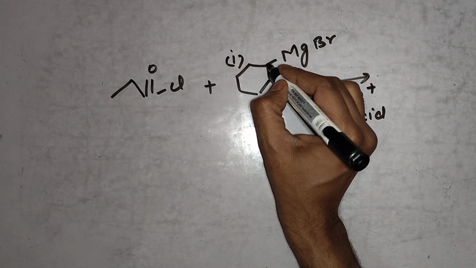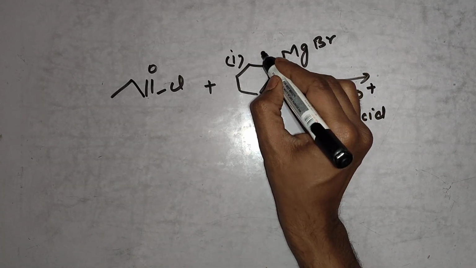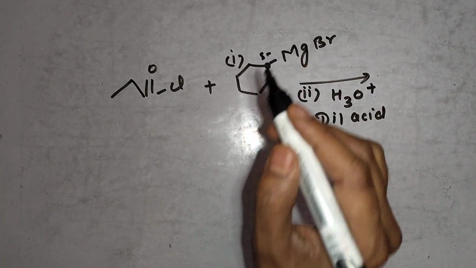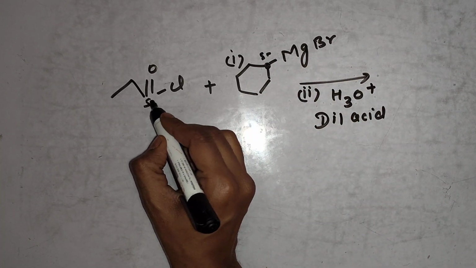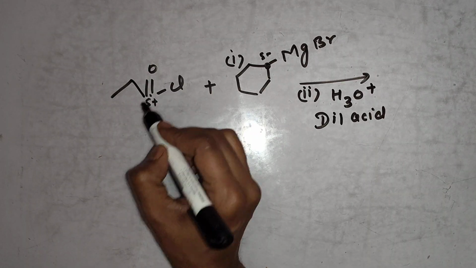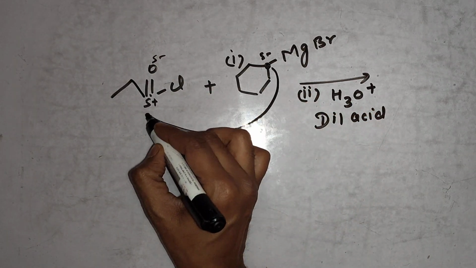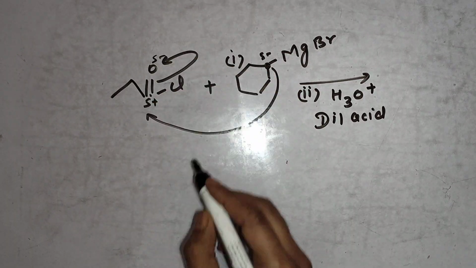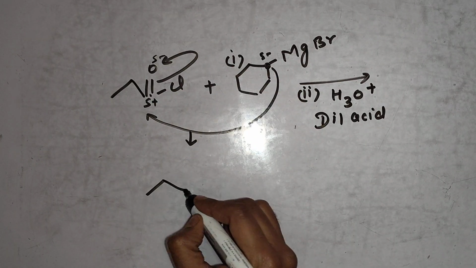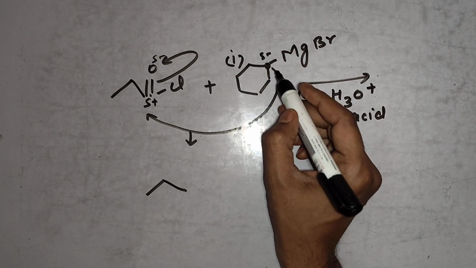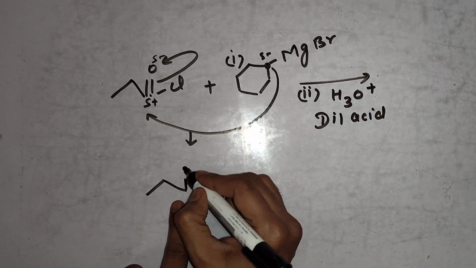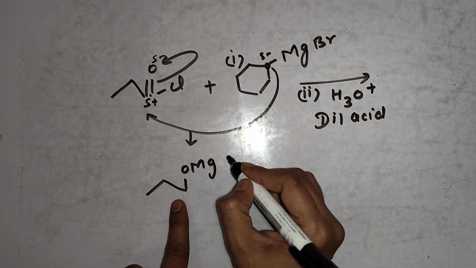Solve it. This is the carbon which has a partial negative charge, it is going to react with a positive charge particle. Carbon is there. This is the carbon. This is oxygen, negative. It will attack on this. Pi electrons will shift. And please join them carefully.